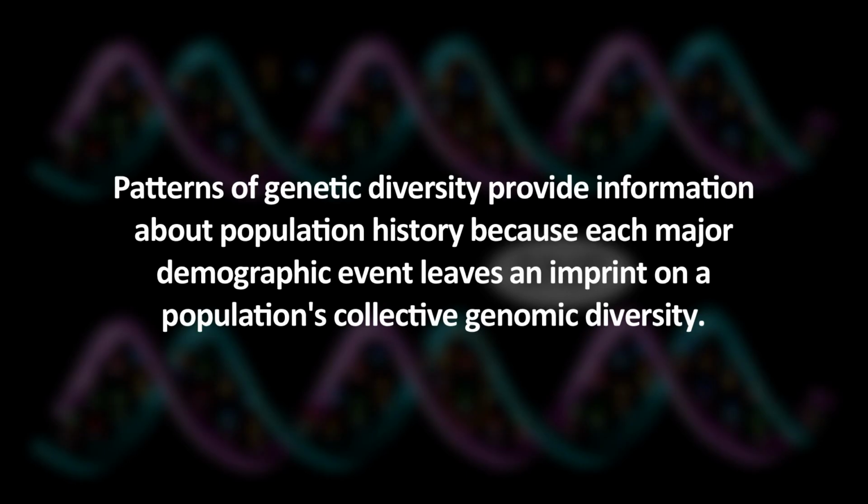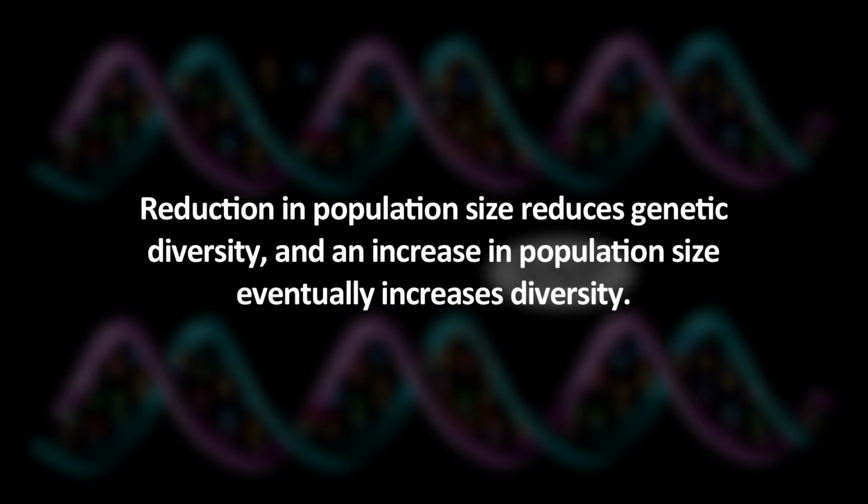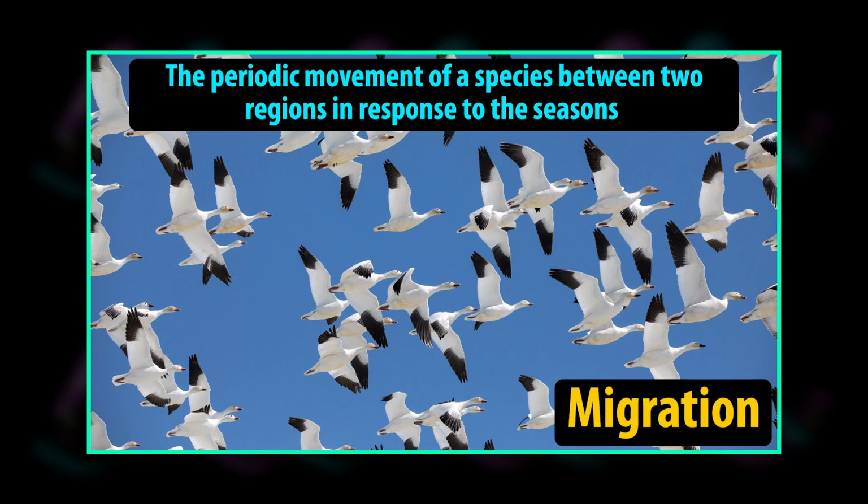Patterns of genetic diversity provide information about population history because each major demographic event leaves an imprint on a population's collective genomic diversity. A reduction in population size reduces genetic diversity, and an increase in population size eventually increases diversity. The exchange of migrants between populations inevitably results in greater genetic similarity, while isolation preserves genetic uniqueness.